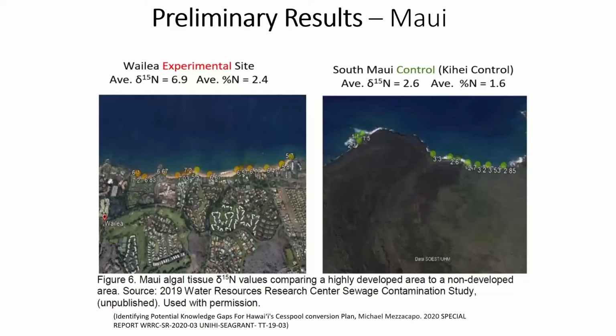We have an average delta 15N of around 6.9, which isn't a very high value, but compared to the South Maui control, where it's 2.6, that's significantly higher, and we would say that's definitely picking up on a wastewater signal. If you look at the percent N, it is also much higher in the experimental site versus our control. This is how we look at our data on a site-by-site basis.